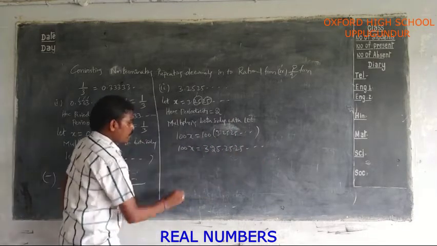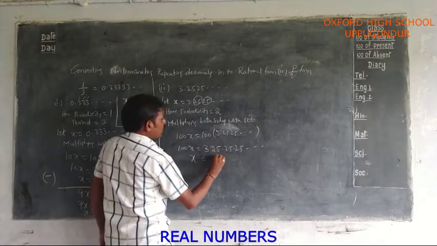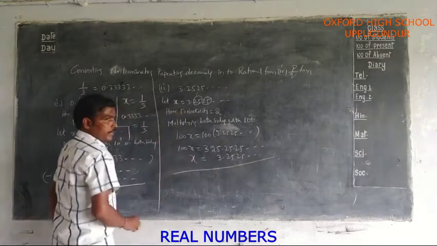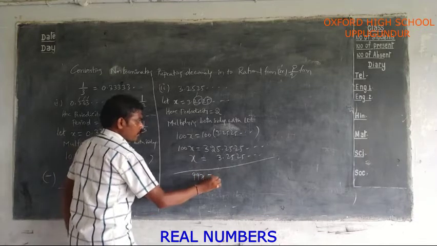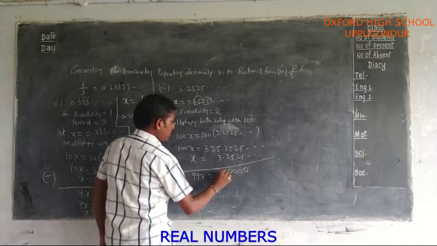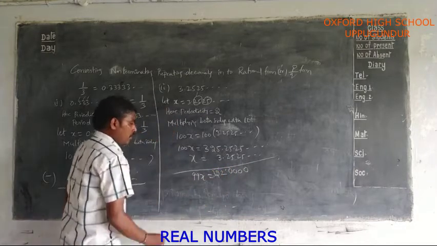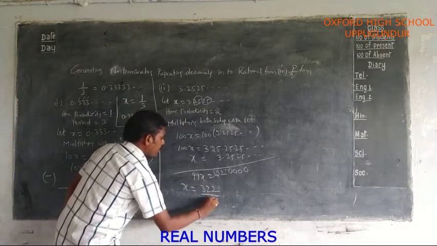From this you have to subtract x. x equal to 3.2525 and so on. Subtracting these two, 100x minus x, 99x equal to 322. So x equal to 322 by 99.